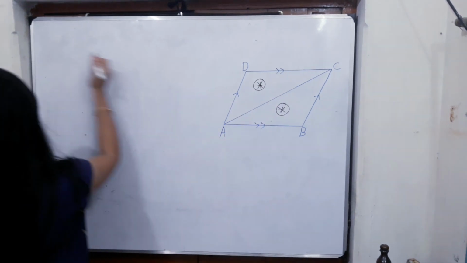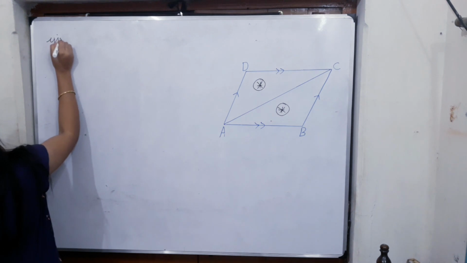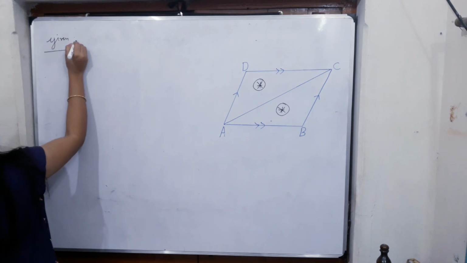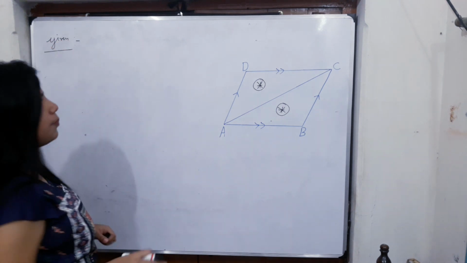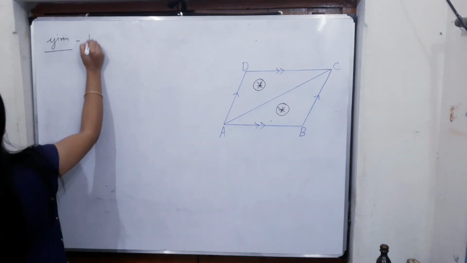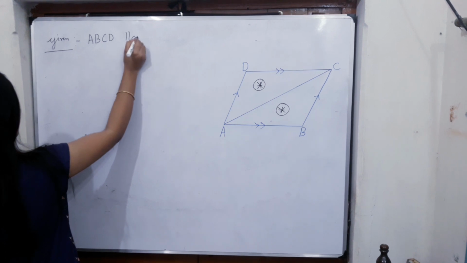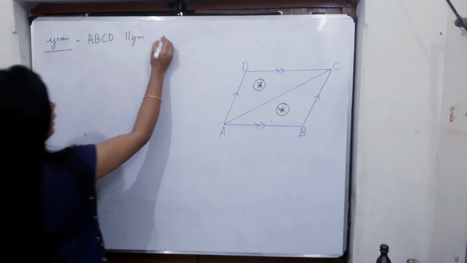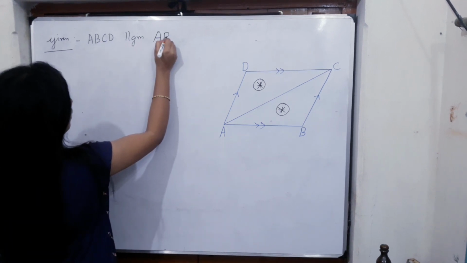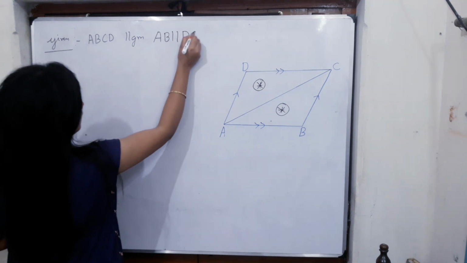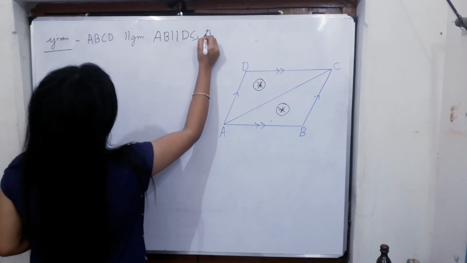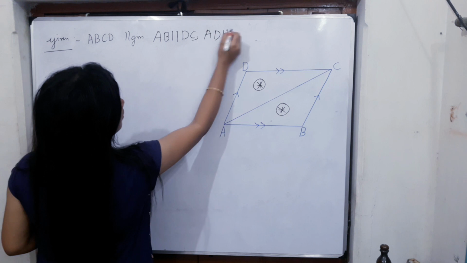Now I will write down the given. So I will note down just the points. Given: ABCD is a parallelogram. So obviously AB is parallel to DC and AD is parallel to BC.